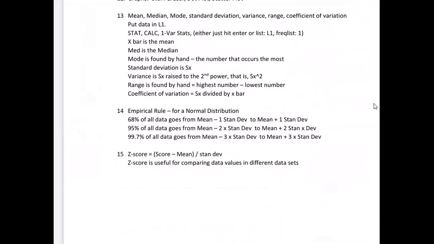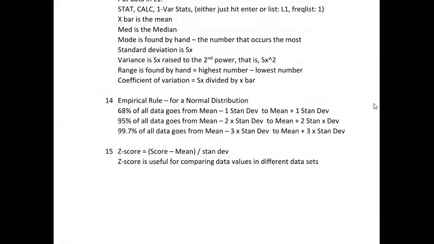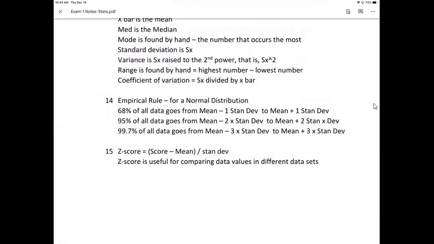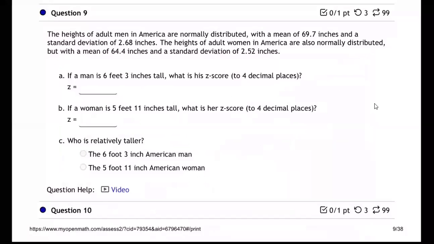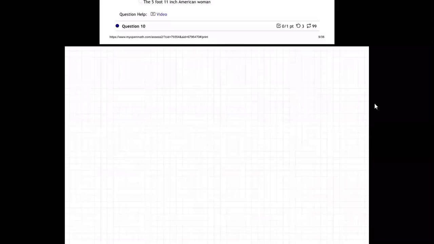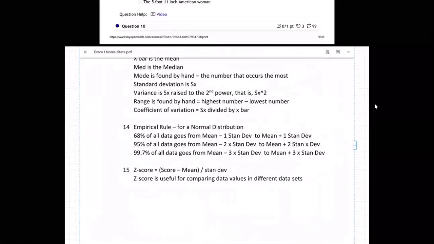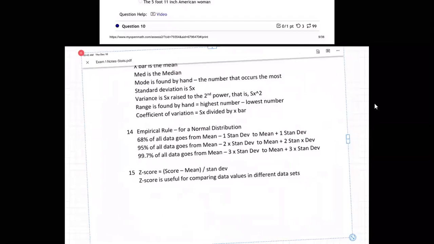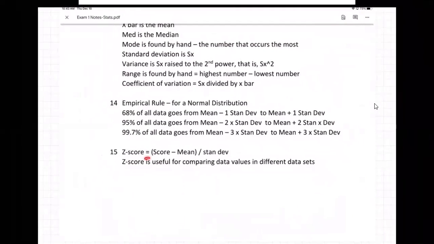So here we go. See Z-score right there? It's number 15. So we're right at the end of the exam 1 information. Let me pop that in here for us. Okay, so exam 1 notes tell us to do Z-score: score minus mean divided by standard deviation.